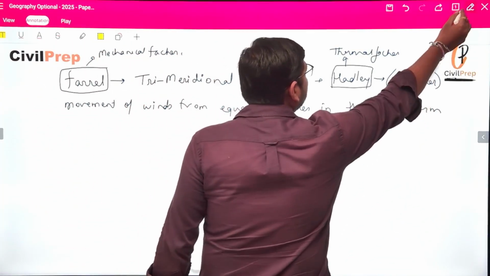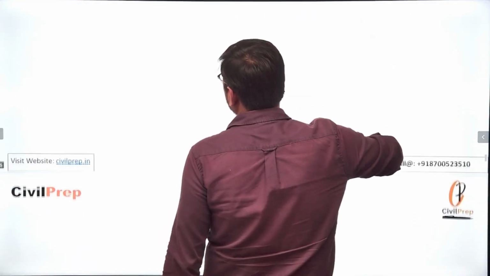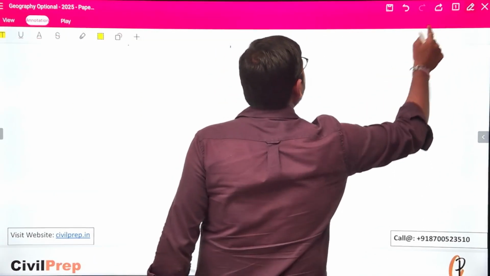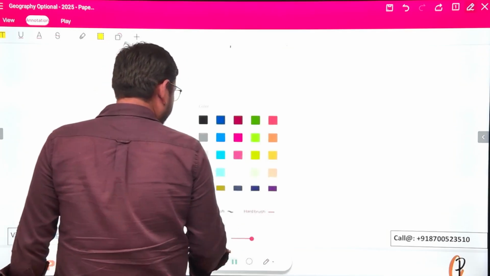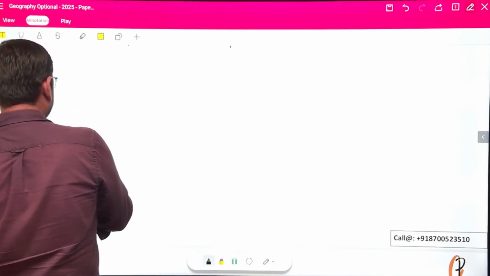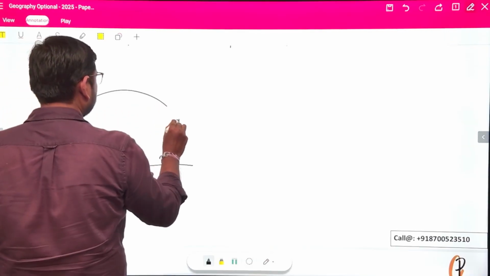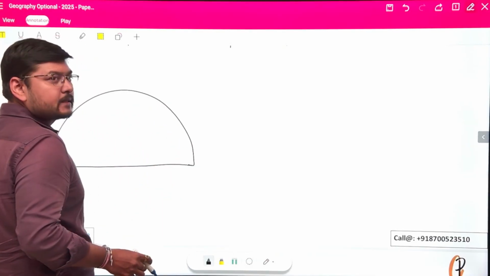Now we need to understand this with a particular diagram. What is happening over the region? For example, this is a single cell.